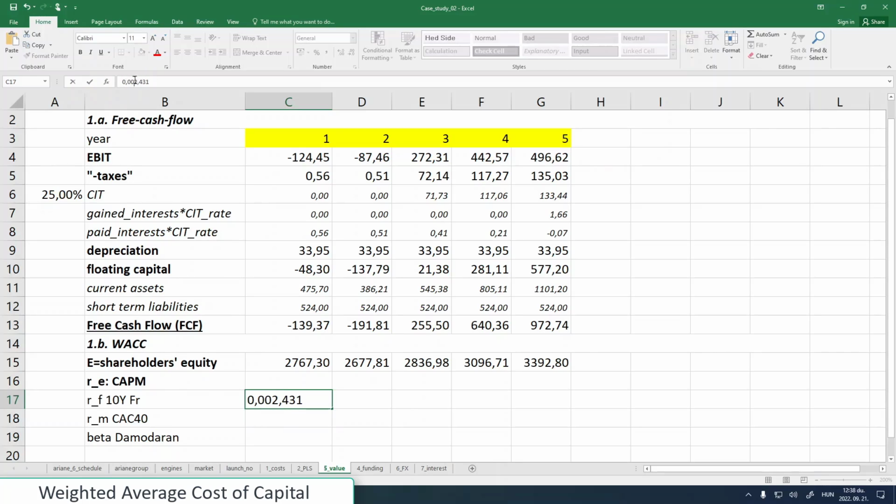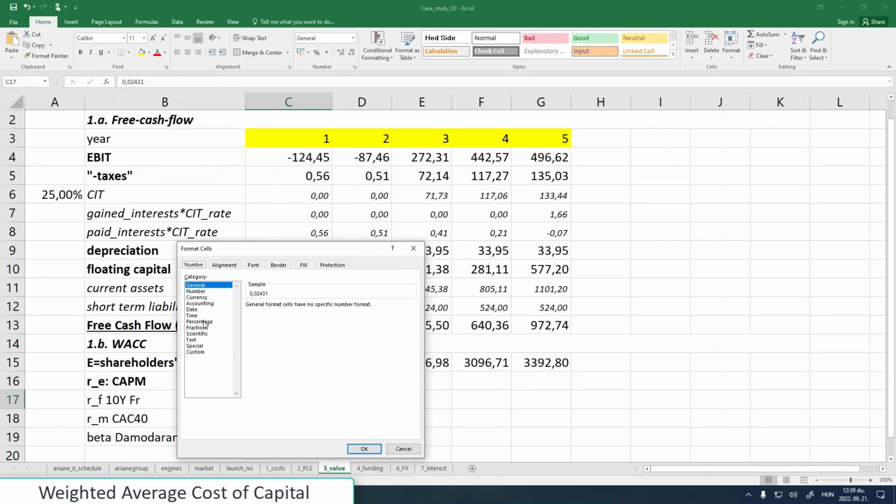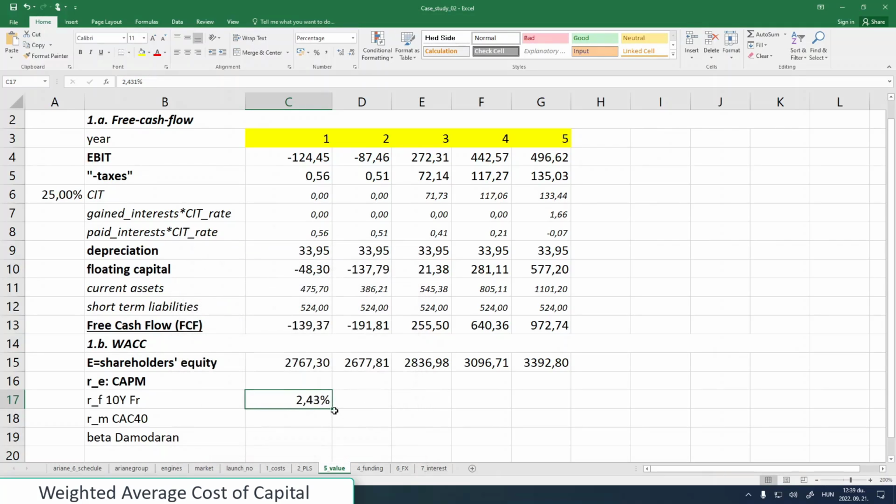0.00. And we are creating this as a percentage because it looks nicer. Okay, it would be much more elegant to look for forward positions in this interest rate, but yeah.